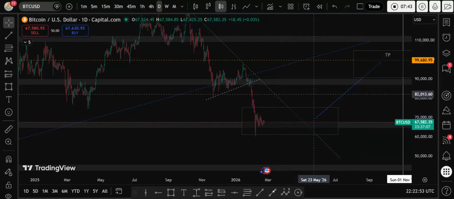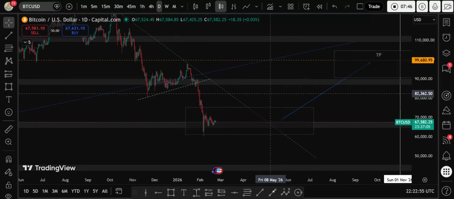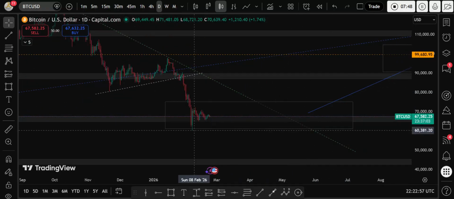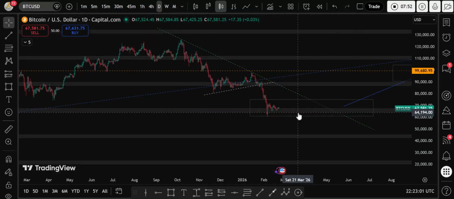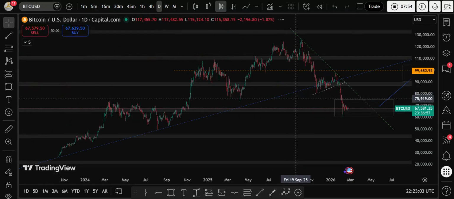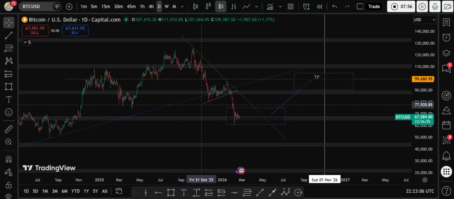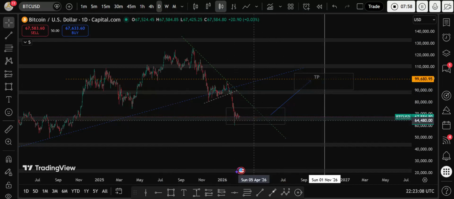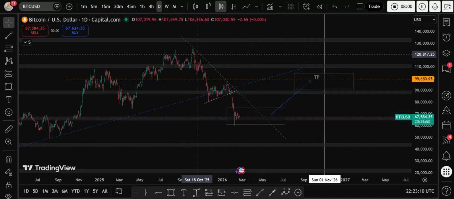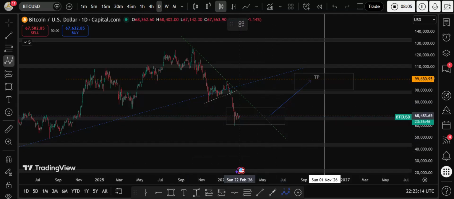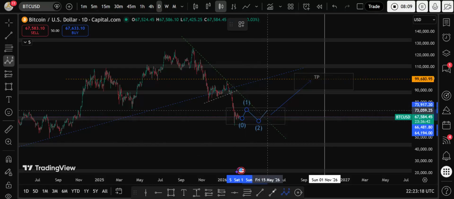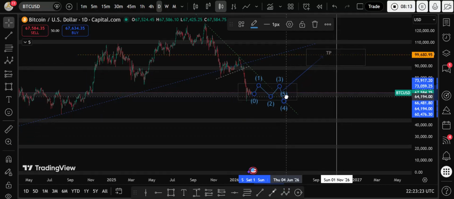So right now on BTC, as I said earlier, I would want it to consolidate. This is a daily. What I'm doing is waiting for it to consolidate and break the daily trend line to the upside. Then it retraces, something like this, touches, pulls back, then we enter.